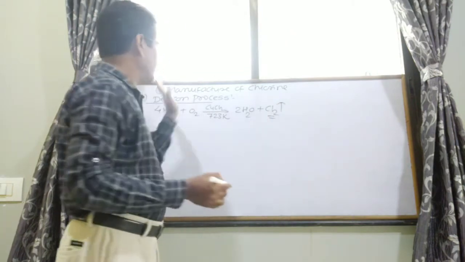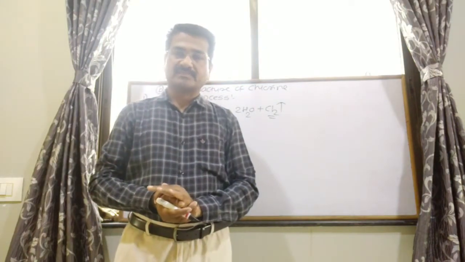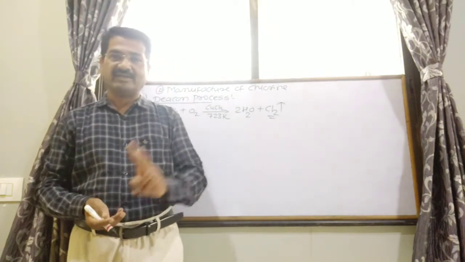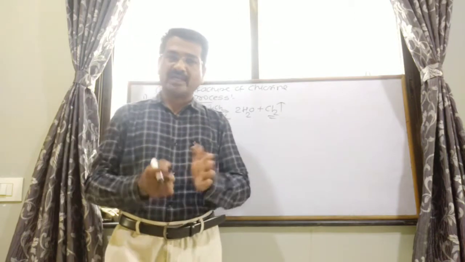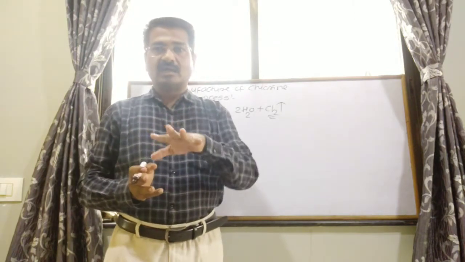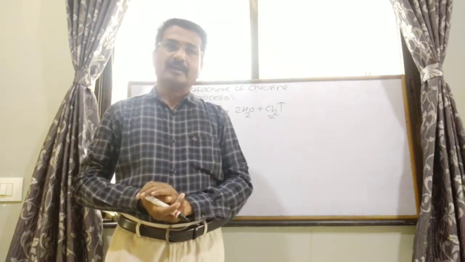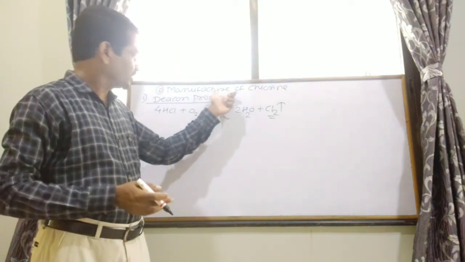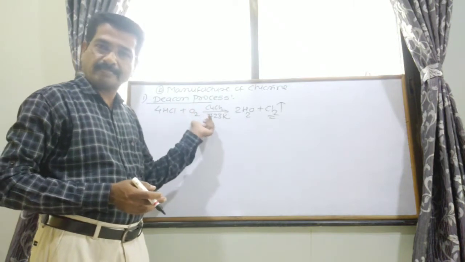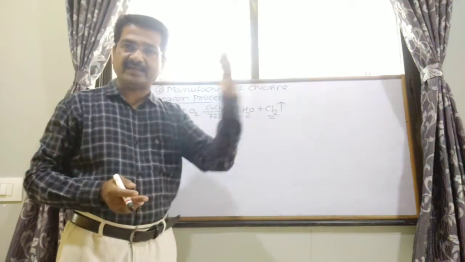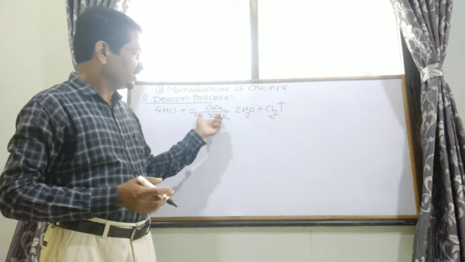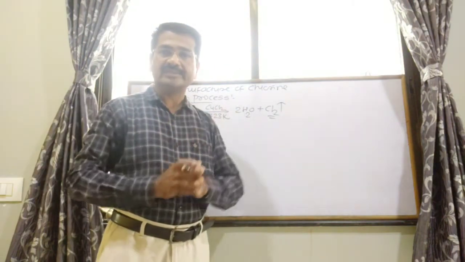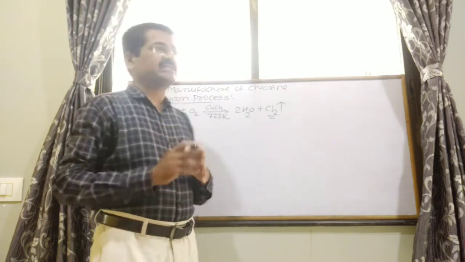So chlorine is obtained by the Deacon process. This is a very important process. It can be asked for the board exam for 2 marks: write a note on the Deacon process, or how to prepare chlorine by the Deacon process. At that time you may write the statement: HCl is oxidized by using cuprous chloride at 723 Kelvin temperature to give chlorine, Cl2, which is called the Deacon process.